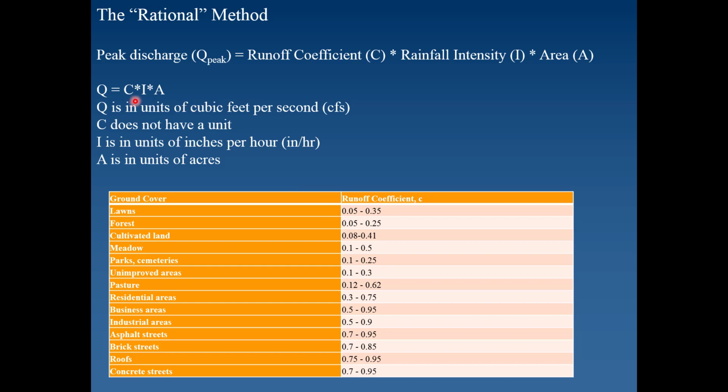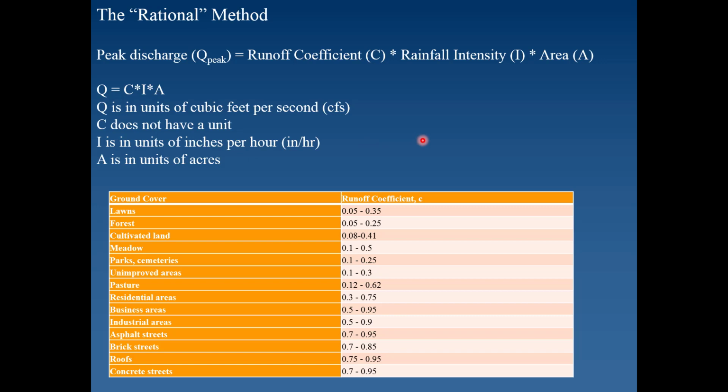So the C factor ranges from 0.05 to 0.95, and for the same area of watershed and the same intensity of storm, if you increase the C from lawn to pavement, you're going to get more peak flow. So I think that's hopefully intuitive to you now.